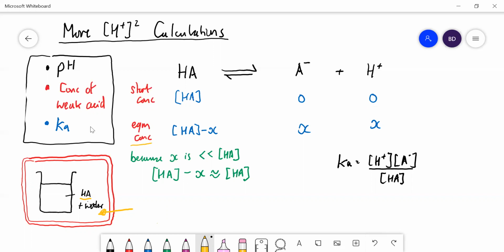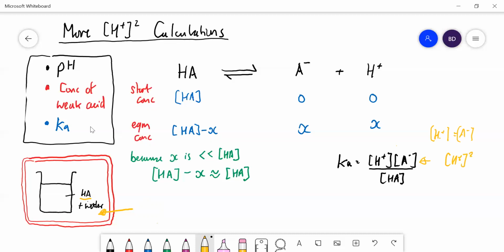Then we say at equilibrium, what's happened? The concentration of the HA has dropped by this value X. That means the new concentration of A minus and of H plus must be X. And that's why we call these H plus squared calculations, because H plus concentration is equal to A minus concentration, so the top line of this equation becomes H plus squared.